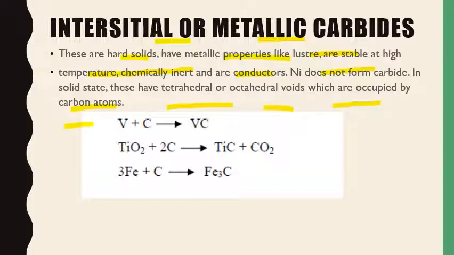That is why it is named interstitial, because it has tetrahedral or octahedral voids occupied by carbon. So vanadium carbide, titanium carbide, and iron carbides are all interstitial or metallic carbides.